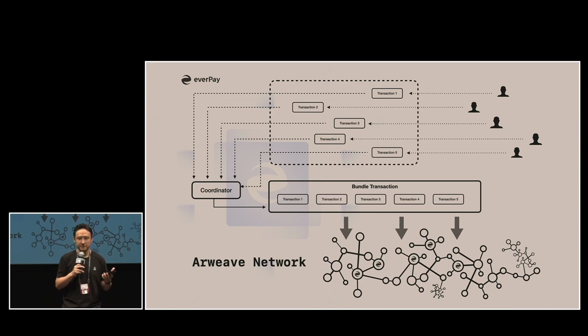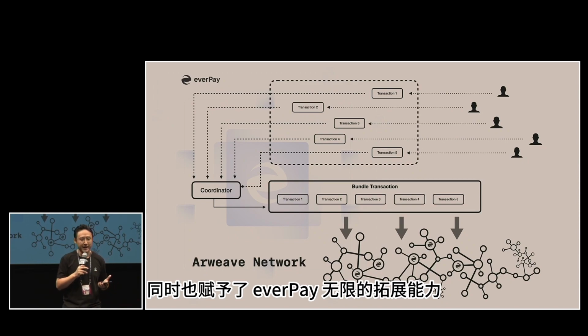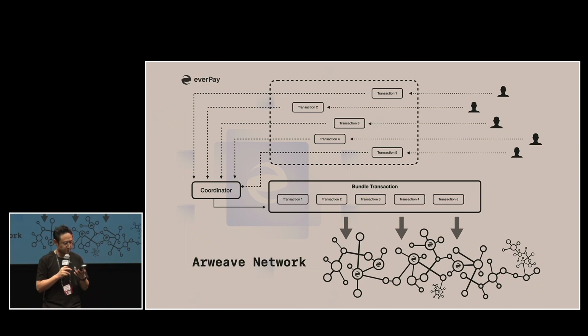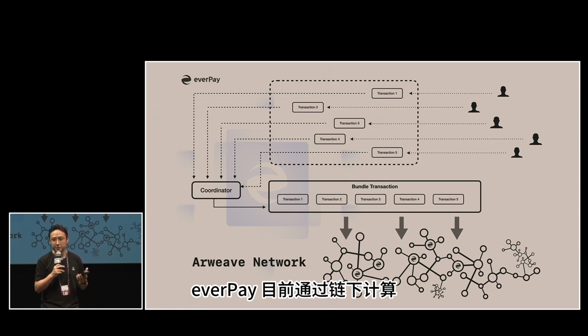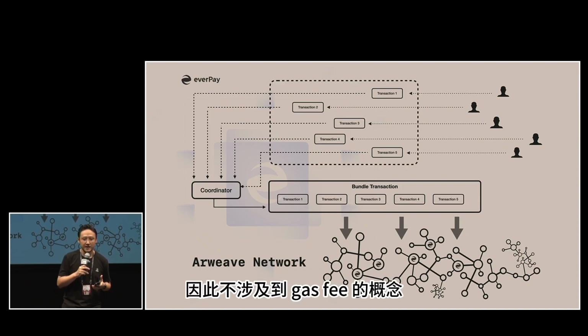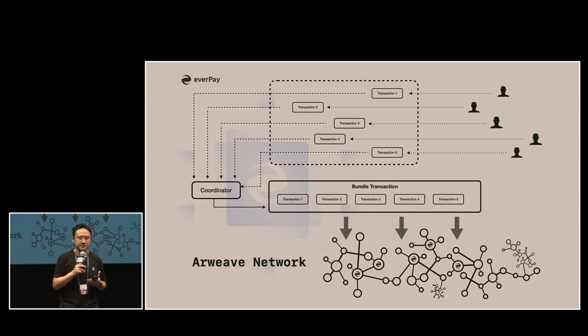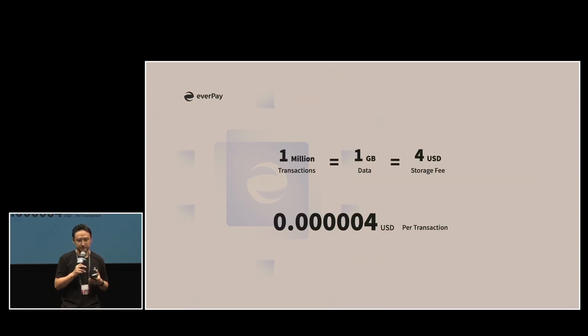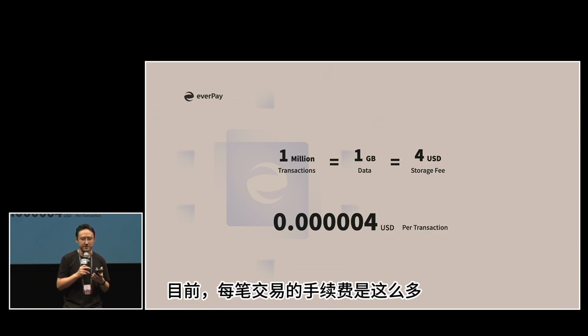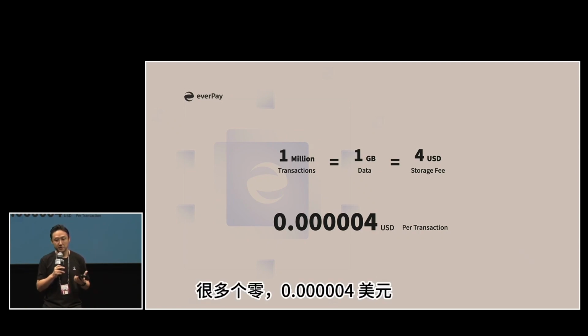And we believe that it gives Arweave infinite scalability, and it also gives everPay infinite scalability as well. everPay right now is computed off-chain, so there is no gas fee concept, and right now the average cost per transaction is 0.04 US dollars.